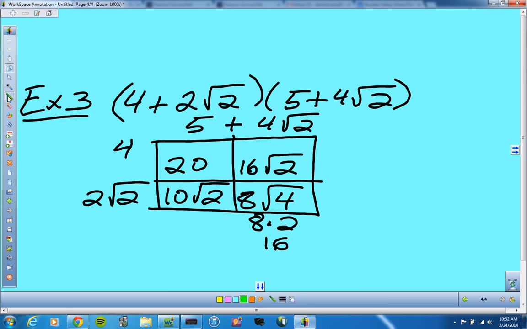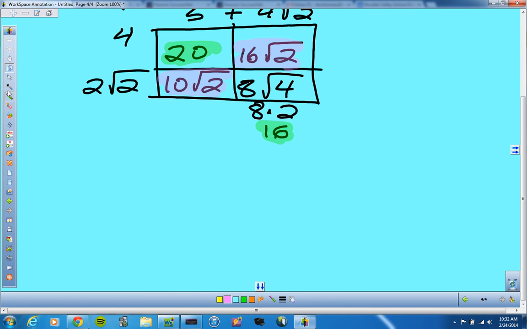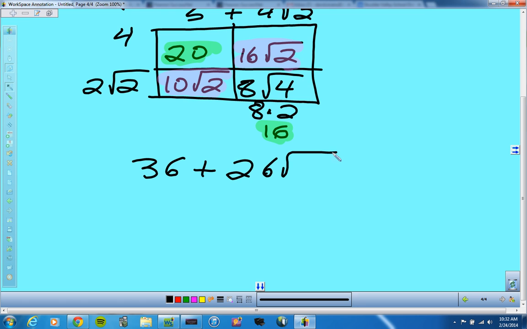Then all you've got to do is combine like terms, 20 and 16, and 10 root 2 plus 16 root 2. So 20 plus 16, 36, and then plus 10 and 16, which is 26, root what? Good. When you add them, you leave what's under the square root alone. When you multiply them, that's the difference. So that's your final answer here.